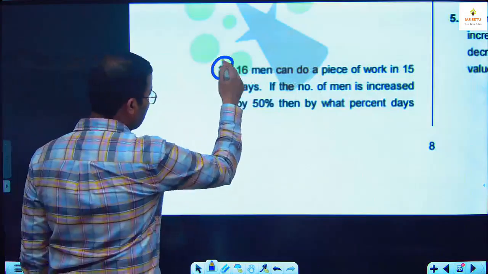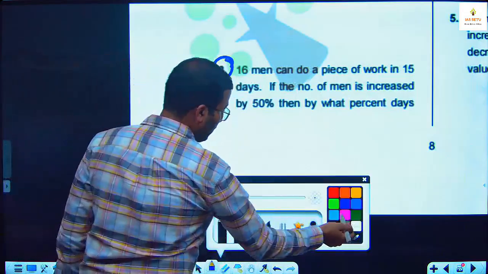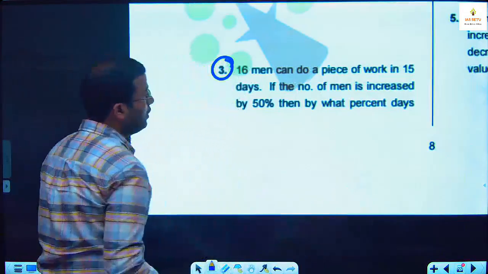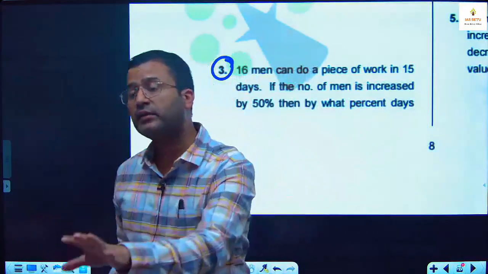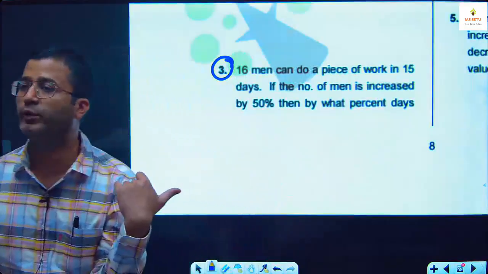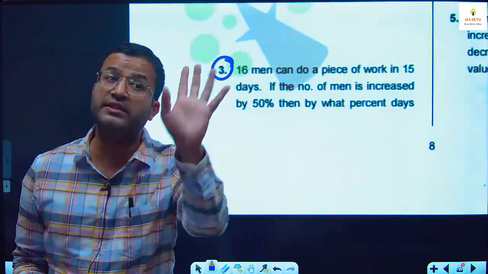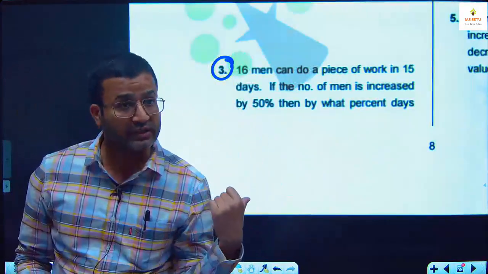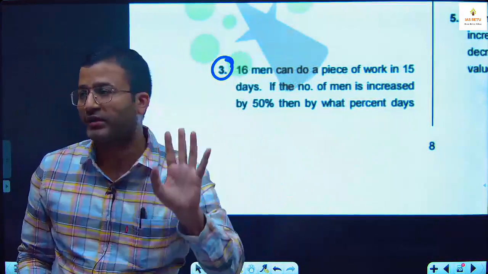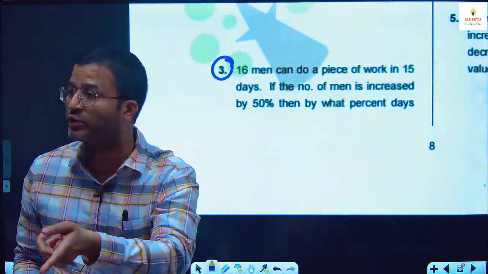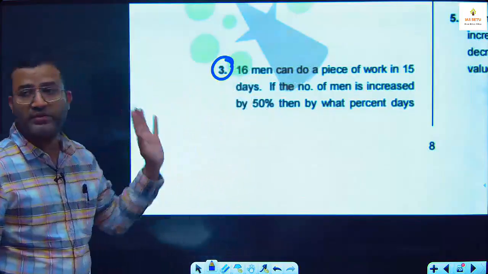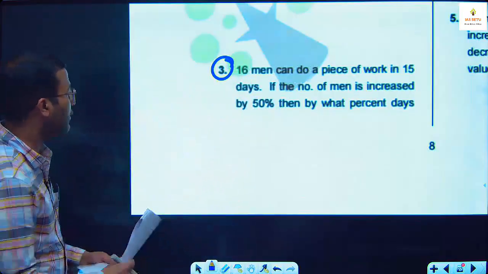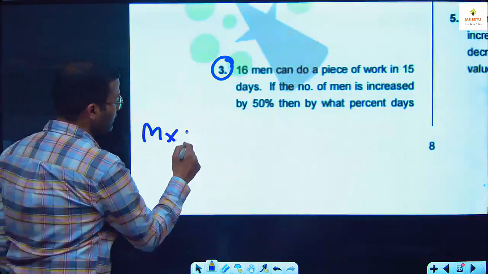Question number 3. We will discuss time and work later, and I tell you then time and work concept also helps you to solve this question. Time and work concept will take 1 minute, percentage concept is applicable, takes 2 seconds. इस क्वेश्चन को अगर टाइम एंड वर्क से सोल्व करोगे ज्यादा टाइम लगेगा. 16 men can do a piece of work in 15 days, and we know man into days is equal to work done.